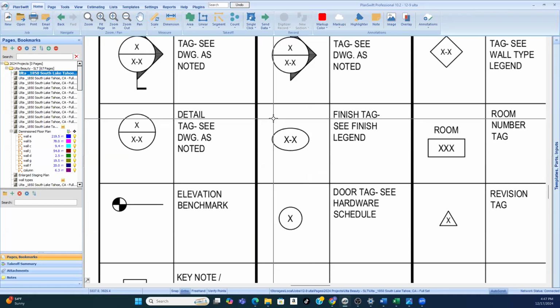If you have 1 million windows, they're just going to show you the A window, the B window, the C window, the D window, but there's no schedule of every window in the project. Say, for instance, you're doing a hotel from the ground up.